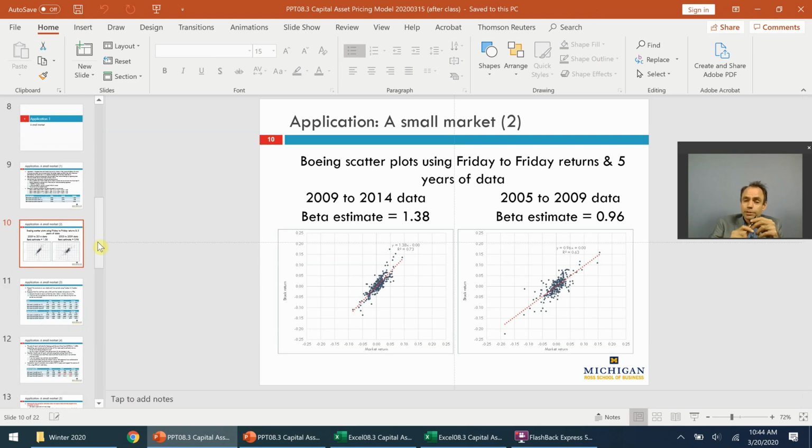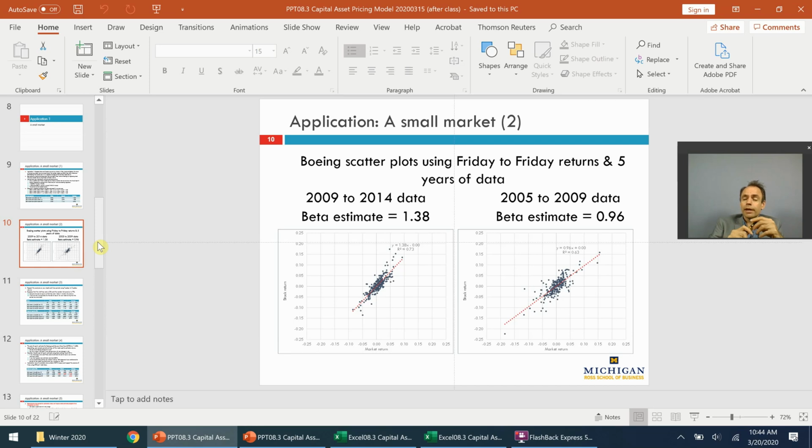Now remember, this is going to be important in your estimation, your valuations, because suppose that you had a market risk premium estimate of about 6%. It's a normal number. That's a number that lots of analysts would use. If one analyst had a beta estimate of, for example, 1 for Boeing, beta times the market risk premium of 6% would be 6%.